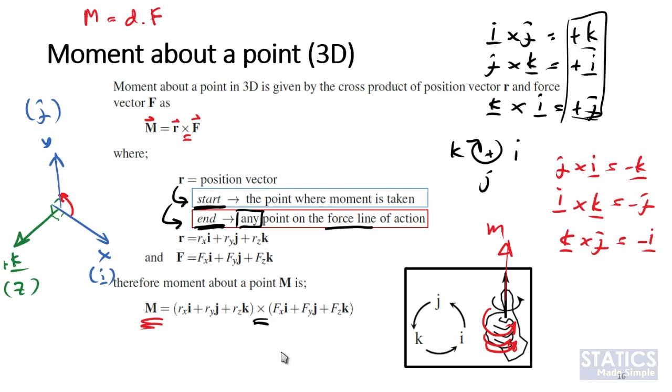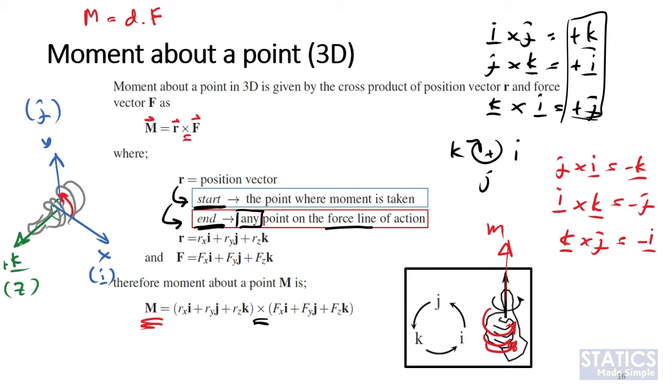The right hand thumb. If I want to draw your right hand thumb here, pretty challenging. This is your thumb. Remember, this thumb is the result, the direction of moment. So if I have i cross j, I will have positive k.